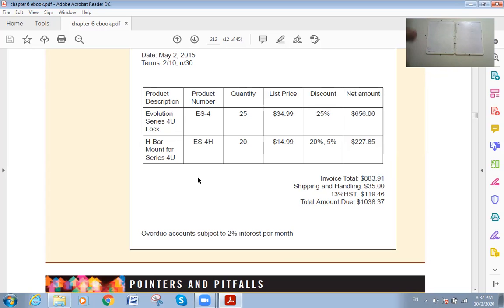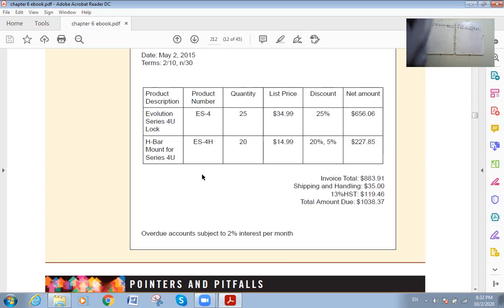The total invoice will equal the first amount, which is 656.06, plus the second amount, 227.85. So this is the amount of the total invoice.